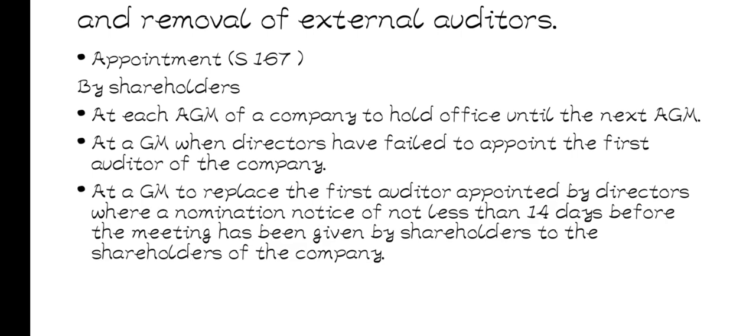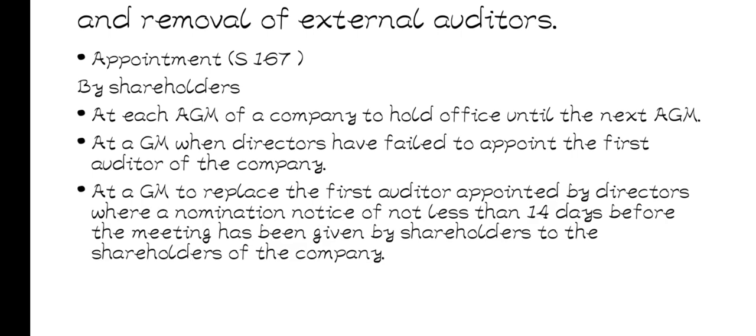As we said, the first auditor is appointed by the directors. So, when they are replacing the first auditor, it is supposed to be the shareholders to appoint the next auditor. So, they appoint an auditor at a general meeting to replace the first auditor appointed by the directors.